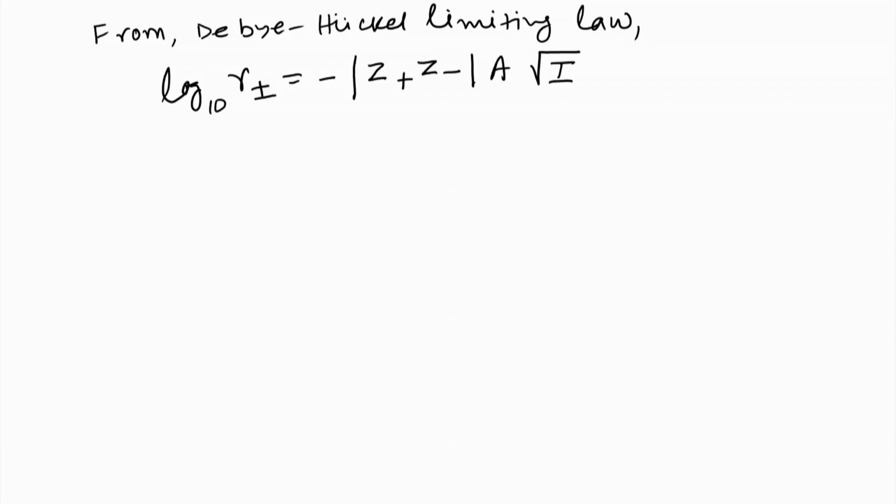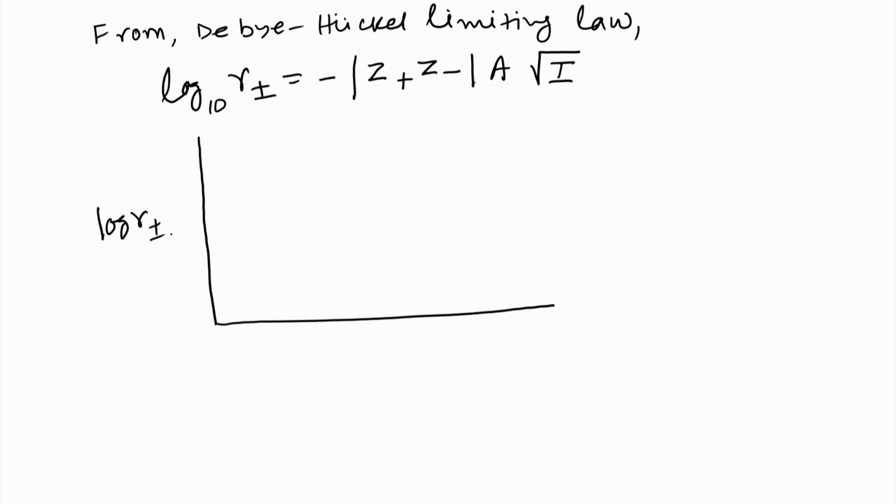If we plot log gamma plus minus versus root over I, what do we get? We should get a straight line, like this, up to a certain concentration. Suppose this is for the NaCl solution.